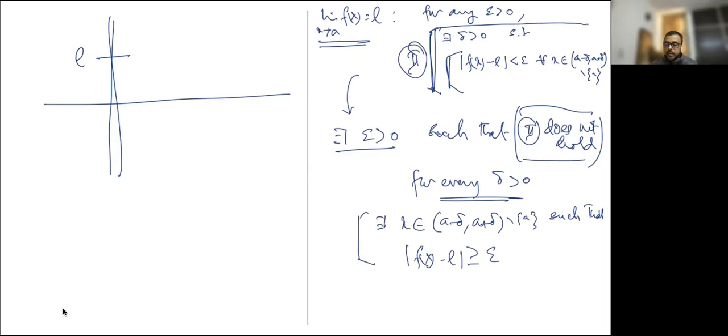Okay, so like this, if you break down a statement, you can write down what its negation is. So going by the definition, if you have to show that the limit of f(x) is not equal to L, then this is what you have to do. You have to produce an epsilon positive such that for every delta positive, there is an x in that interval for which this inequality holds.